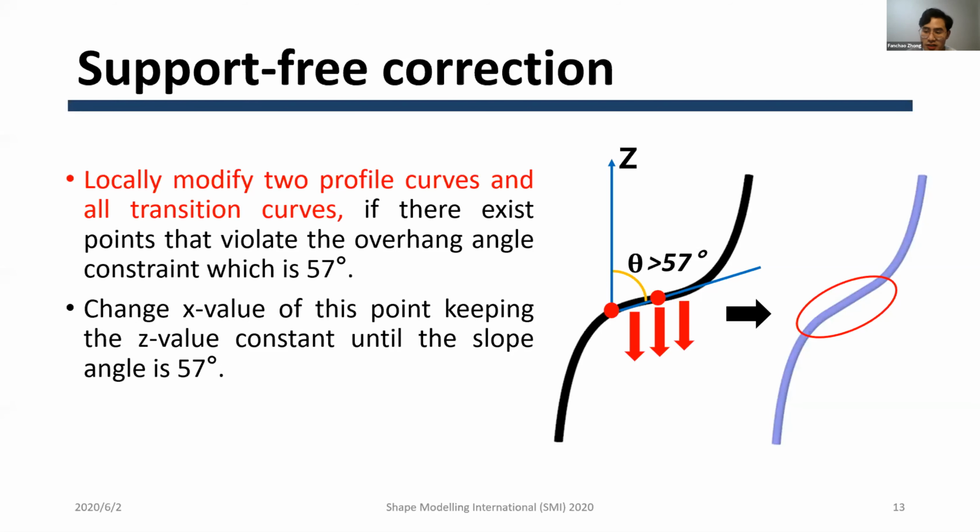Specifically, we traverse the sample points along the axis. For each sample point, if its slope angle is larger than the threshold, we compute the new position of the sample point that satisfies the threshold and then drag it there. Then we apply the same translation to the following points on the curve.